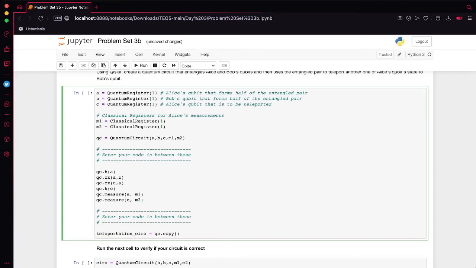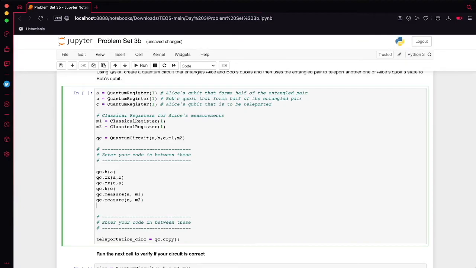We can do that with conditionals, of course, like if statements in Python. But I think the more elegant form is to use the CX and CZ gate methods.